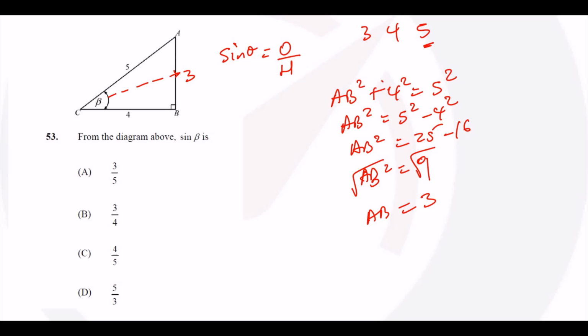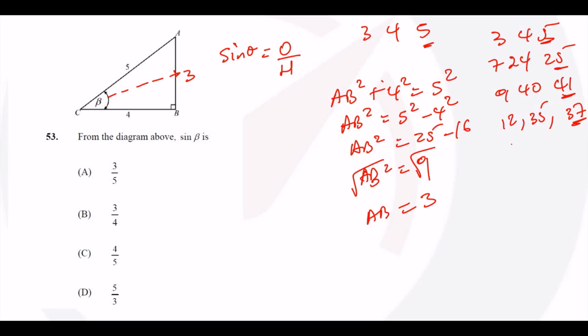You all know I have pronunciation problems. We have some like 3, 4, 5. We have 7, 24, 25. We have 9, 40, 41. And the last number represents the hypotenuse. And we have 12, 35, 37.